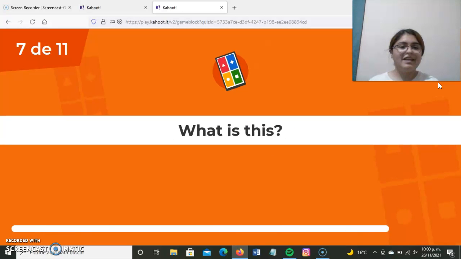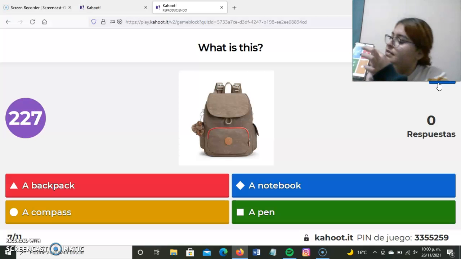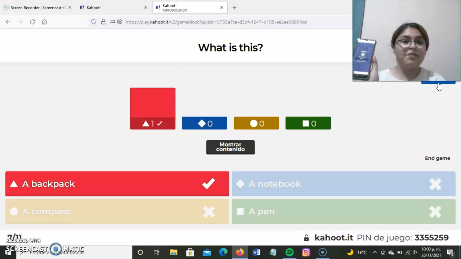What is this? ¿Qué es esto? This is a backpack.